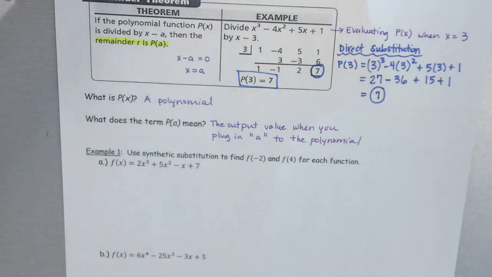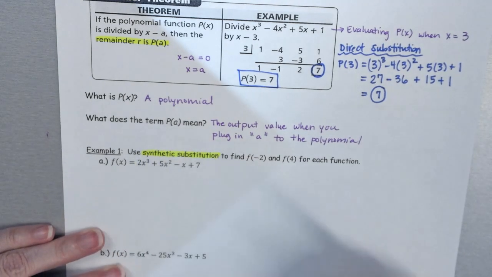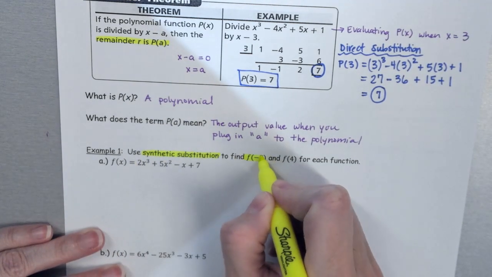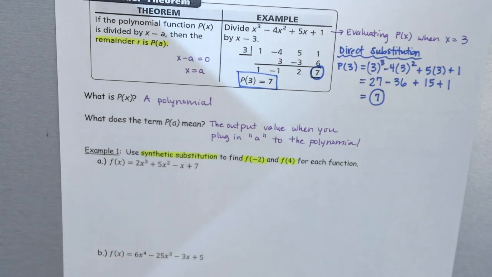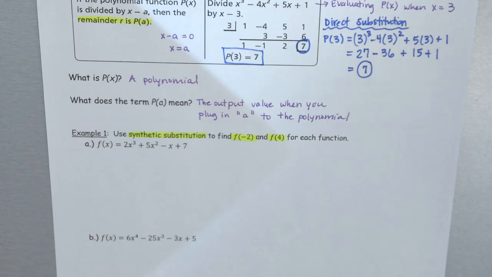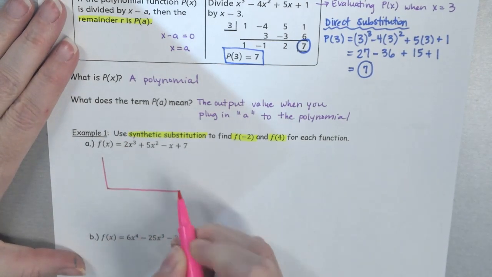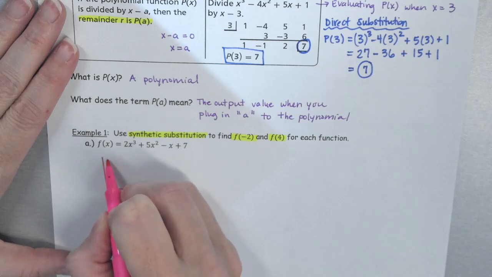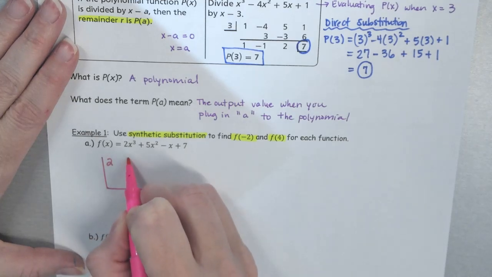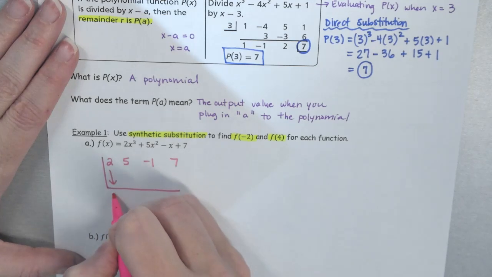Okay, so example 1 is asking you to use synthetic substitution to find f of negative 2 and f of 4 for each function. All right, do we remember how to set up our synthetic substitution? So you have your coefficients, so x cubed, then the x squared, then the x, then the number.